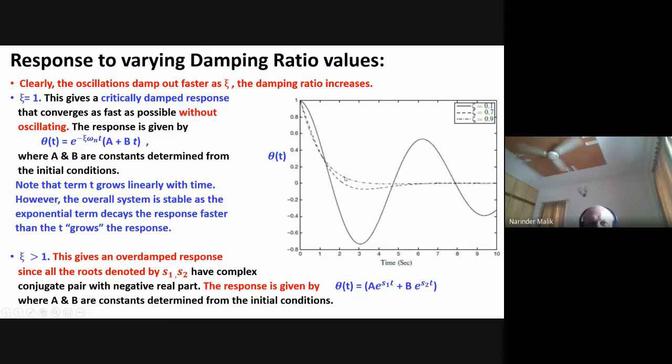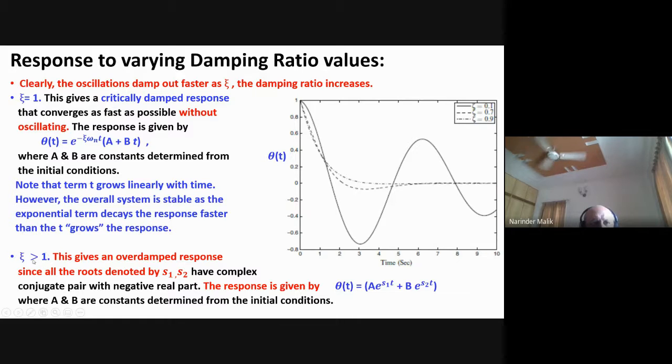So what you see is it tries to settle to 0. You start with a certain 1 degree error. With low damping, it takes a long time to come to 0. 0.7 takes a slightly shorter time, and 0.9 takes still shorter time.